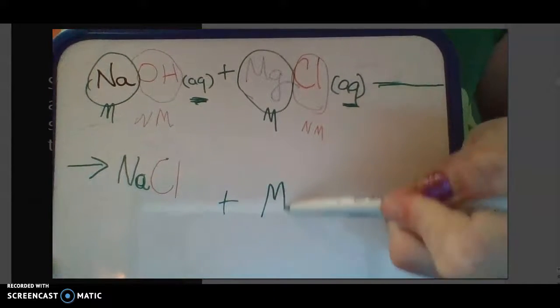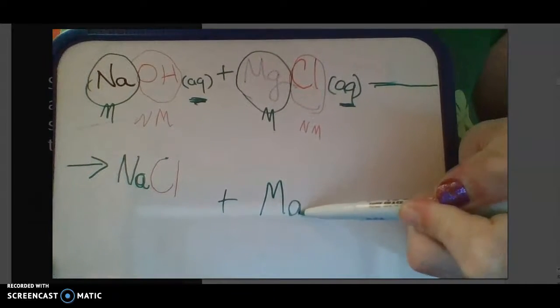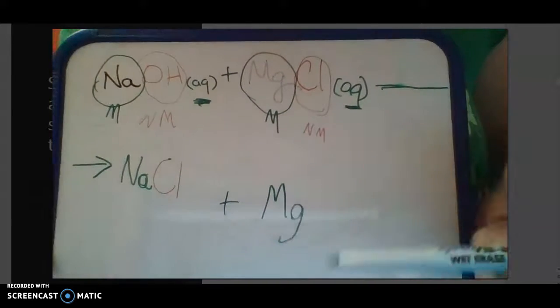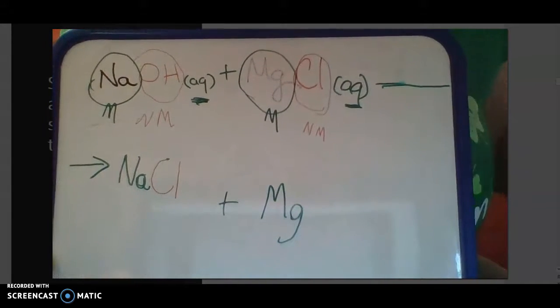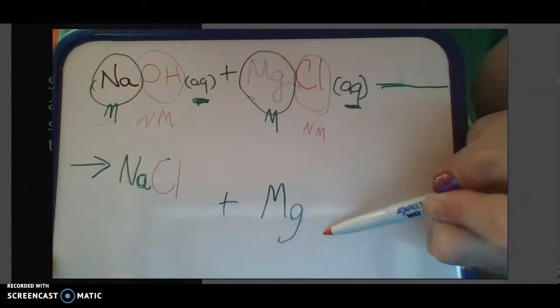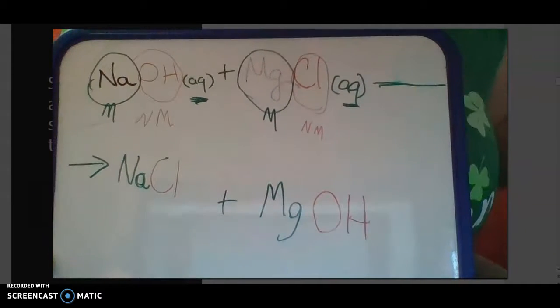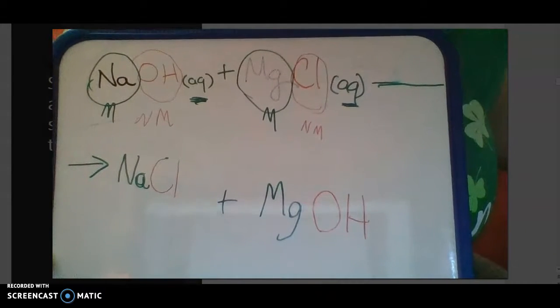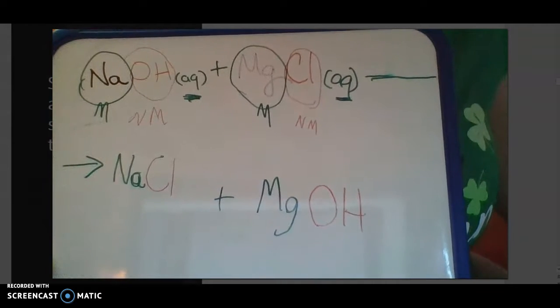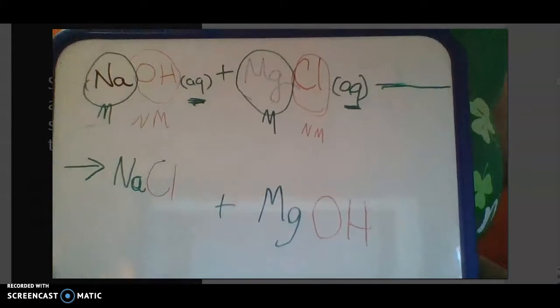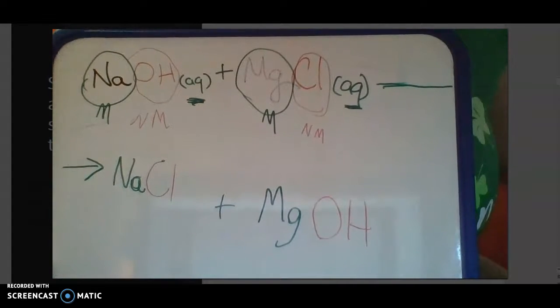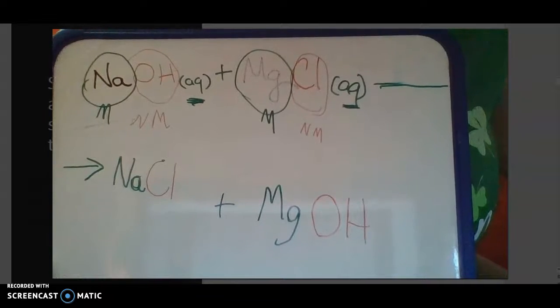And here's magnesium, and he's swapping with sodium's partner. Ooh, look, now we have new couples, just like Brangelina. We now have sodium chloride and magnesium hydroxide.